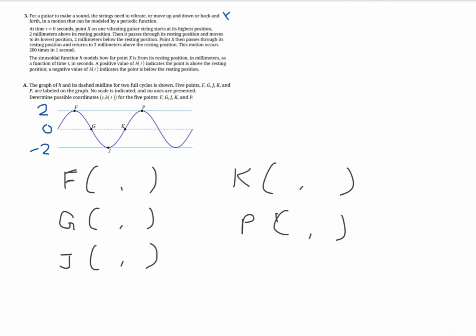This motion occurs 200 times in 1 second, which means the period is 1 over 200. What happened to my pen? Yeah, 1 over 200. And the increment would just be 1 upon 4 times 200, which is 1 over 800.